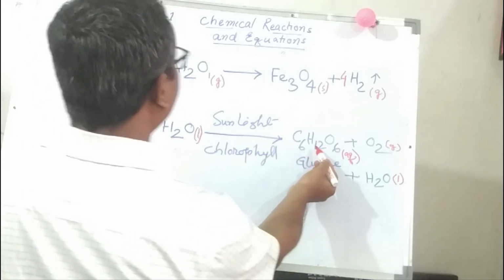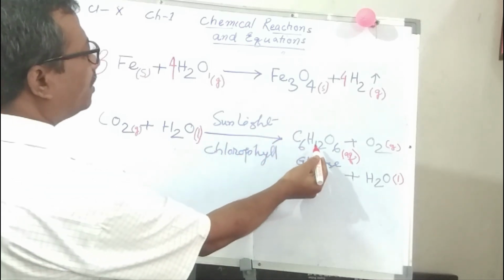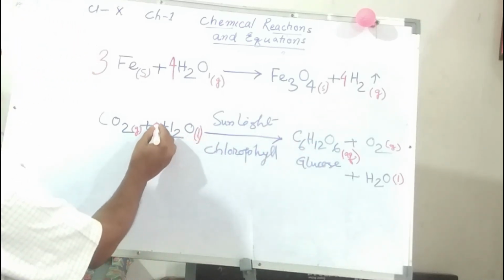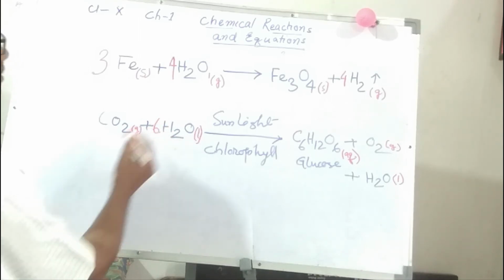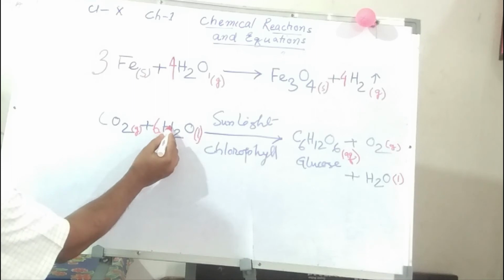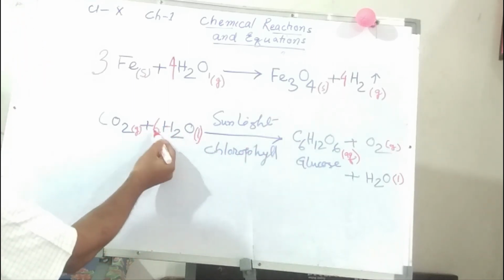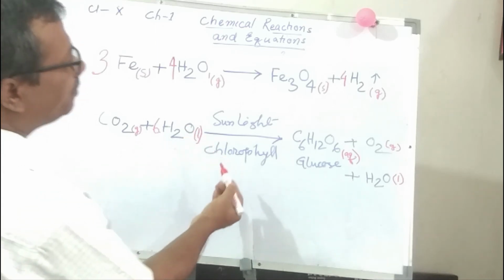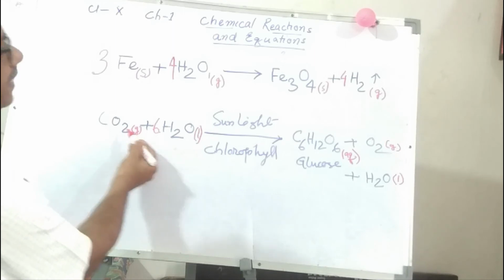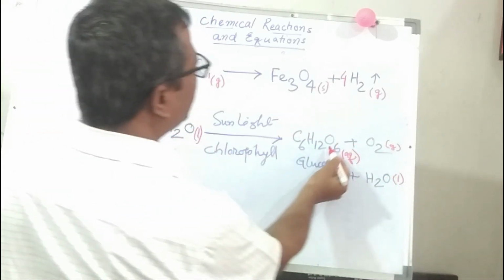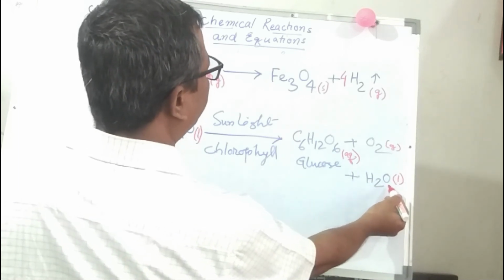To make hydrogen equal to the reactant, here hydrogen coefficient with 6 we have to multiply. 6 times 2 is 12. Hydrogen is 12 now, equal to it. Oxygen is how much? 6 atoms. So oxygen here is 6 and 2, 8, and 1, 9.